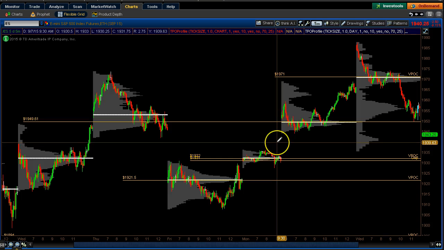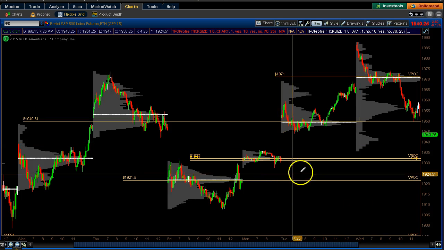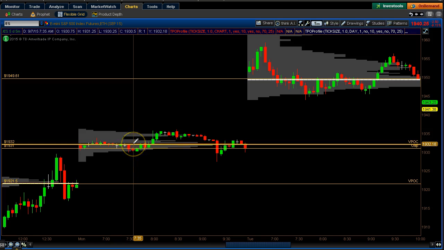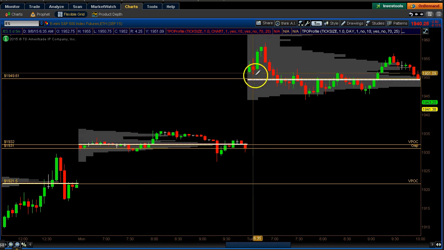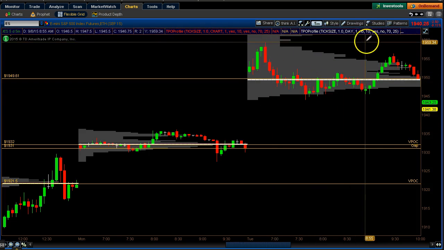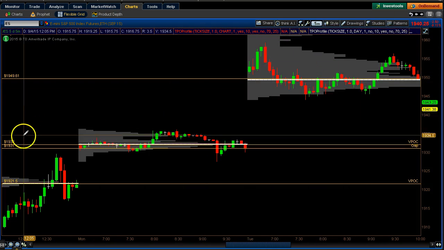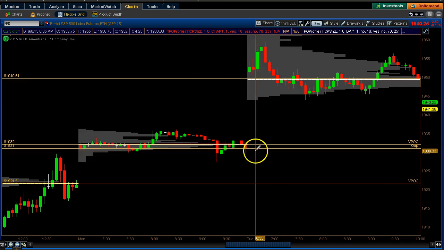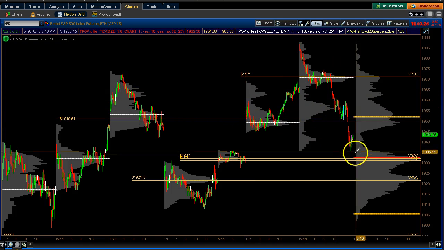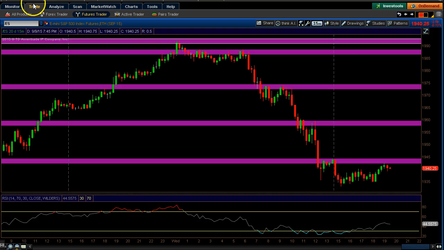So these are probably the closest thing to the Holy Grail. Right here we have a virgin point of control that hasn't been touched, because we gapped and moved higher yesterday. This hasn't been touched, and it's at 1932. We also have a gap fill. Look at what the low was.